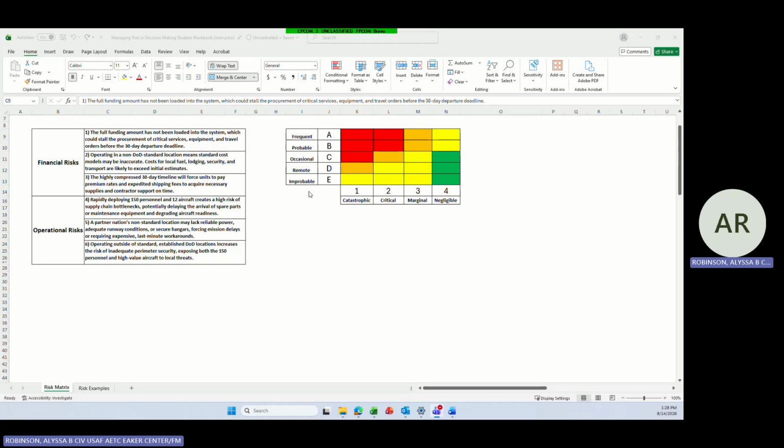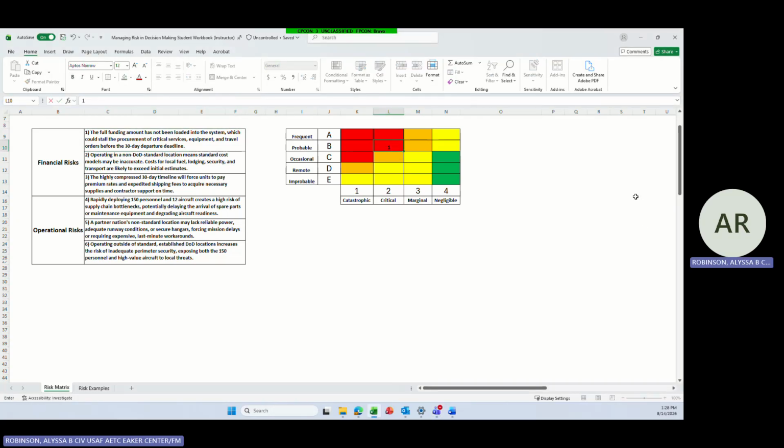To start with, the full funding amount has not been loaded into the system, which could stall the procurement of critical services, equipment, and travel orders before the 30-day departure deadline. I would say this is likely, so I'd put it as probable, and it's pretty critical. So that would be right here.